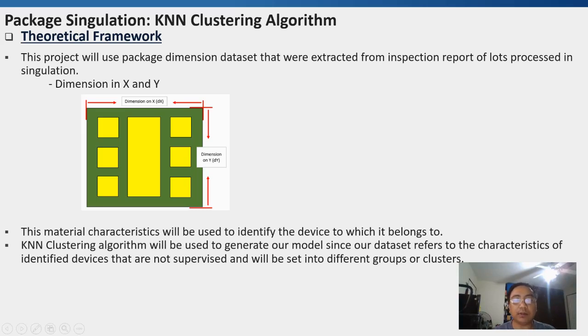These material characteristics will be used to identify the device to which it belongs. KNN clustering algorithm will be used to generate our model since our dataset refers to the characteristics of the identified devices that are not supervised and will be set into different groups or clusters.